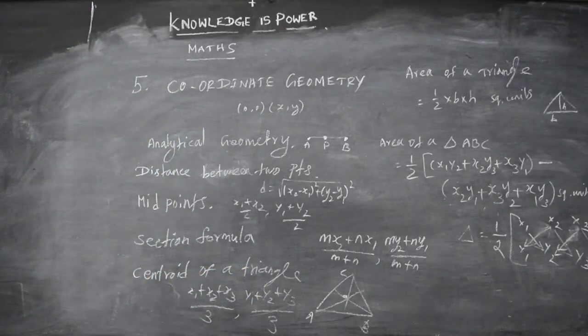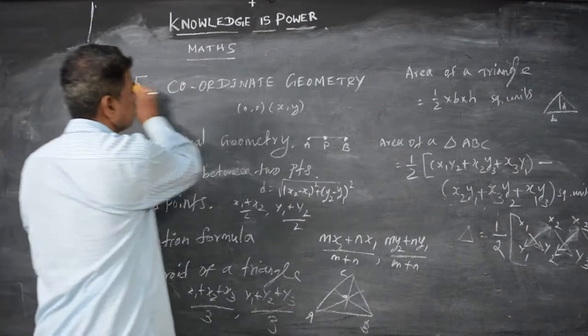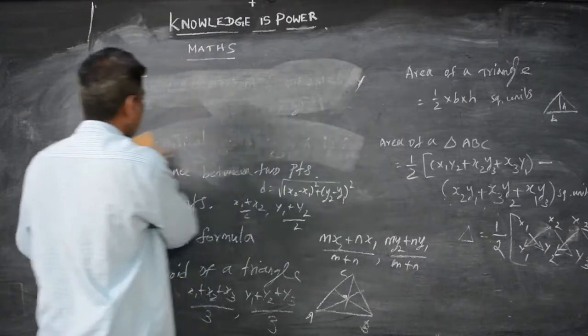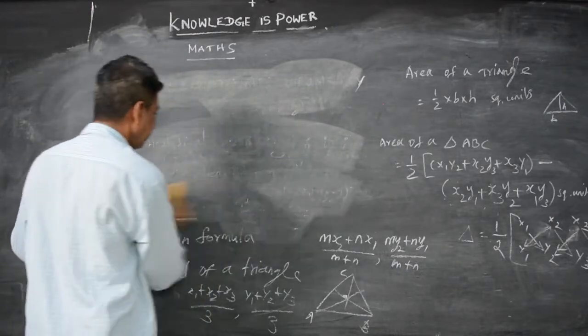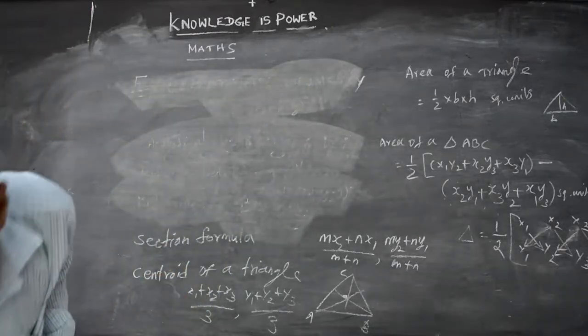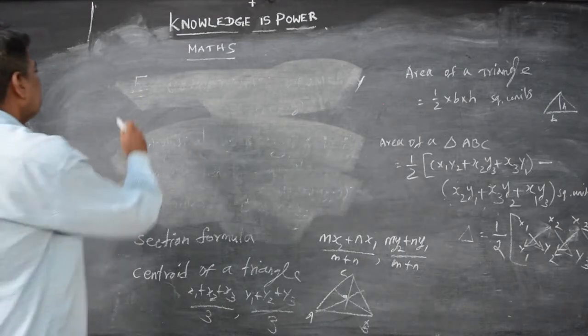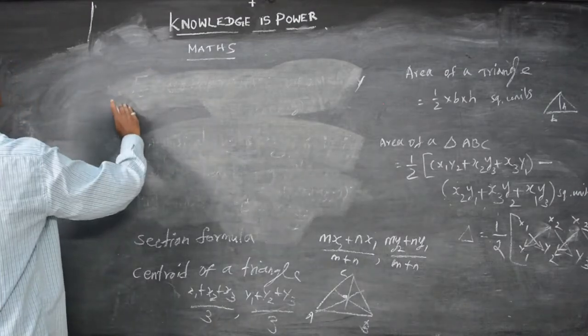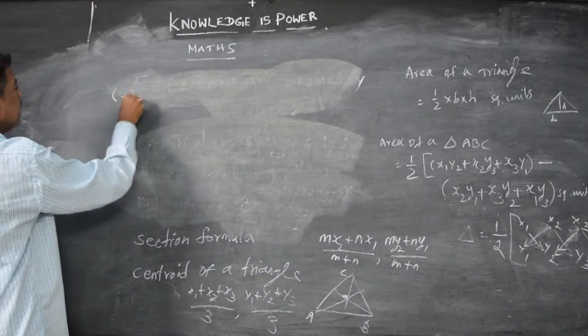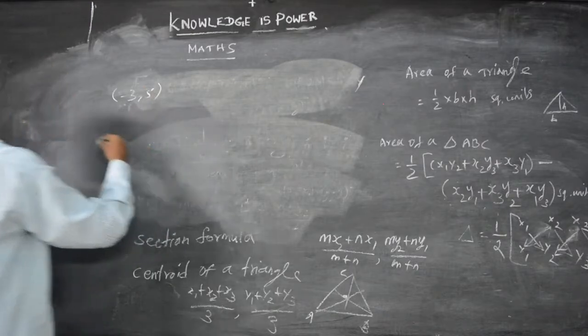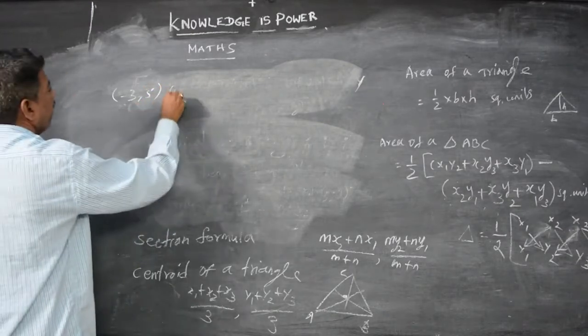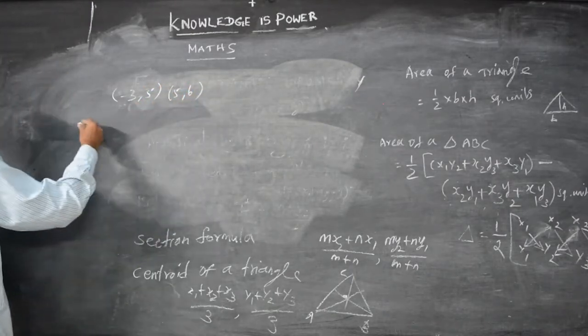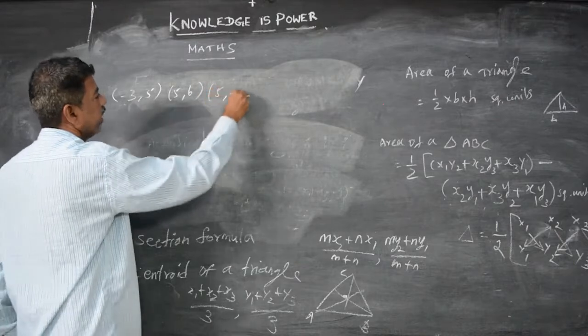Any doubt on this? So I'll do one example sum related to this. The first sum: minus 3 comma 5, 5 comma 6 and 5 comma minus 2.